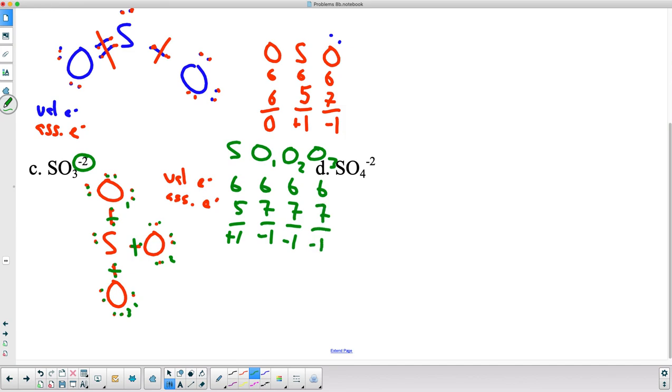Okay, so this is a lot of different numbers for the assigned electrons. We have +1, -1, -1, -1. These two cancel out to give us 0. There's a -1 plus a -1 gives us a -2, which is what the -2 is here. Okay, see what you can do with B and D. And that's it for part 1.